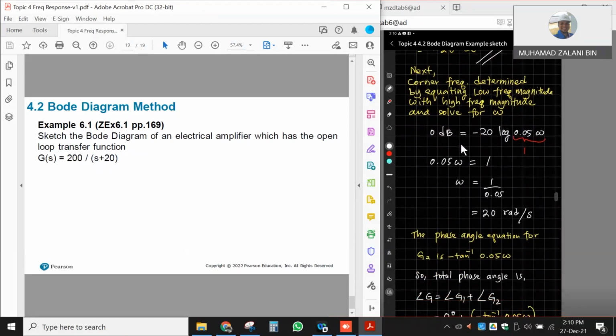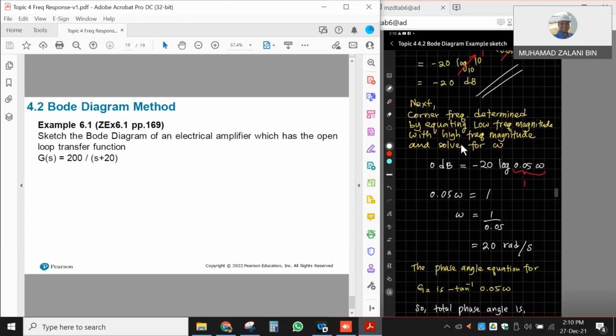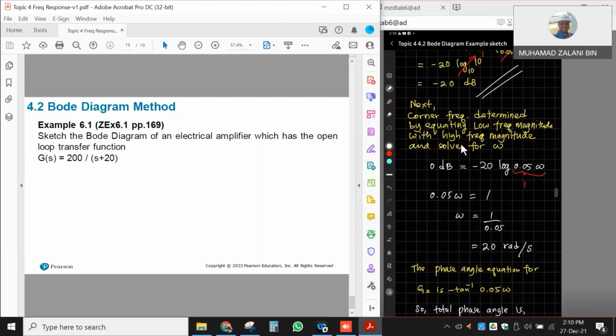To determine the corner frequency, back to the definition: the corner frequency is determined by equating low frequency magnitude with high frequency magnitude, and solving for omega.